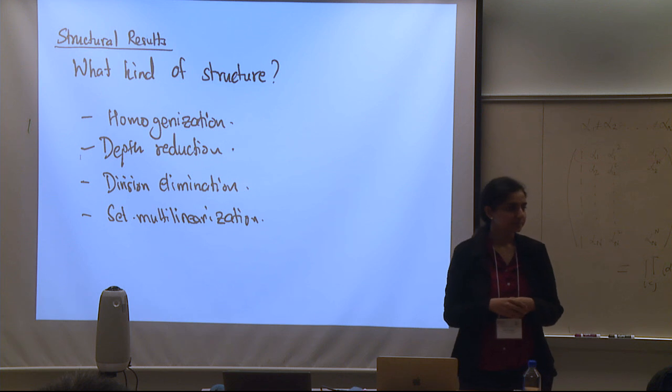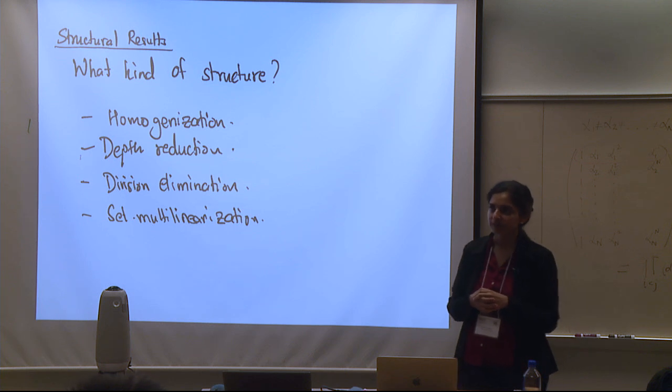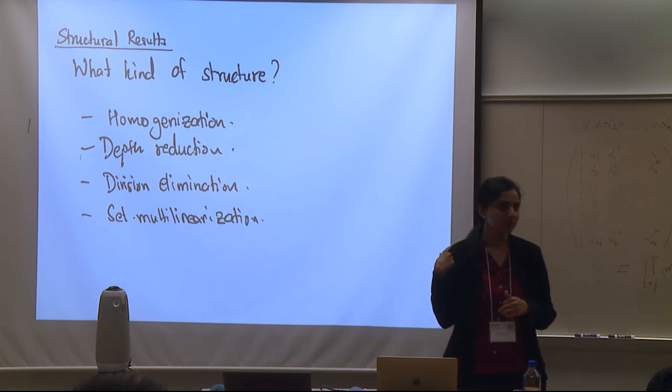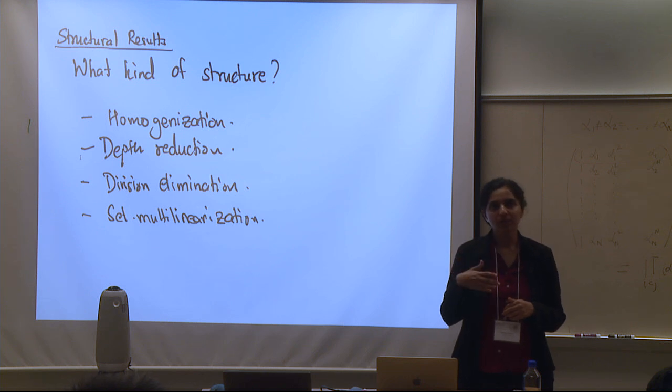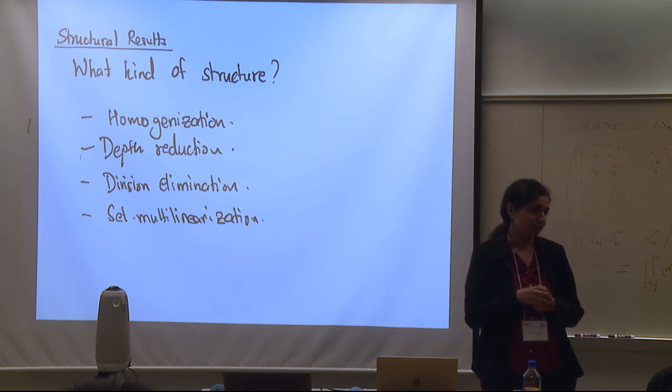Why are homogeneous circuits so important? I wouldn't say they're important. They somehow came up a bunch of times in today's discussion, but they're just one of the different structures circuits have. I don't think they're by themselves super important, but for example, people have been able to prove lower bounds for homogeneous formulas in the past.